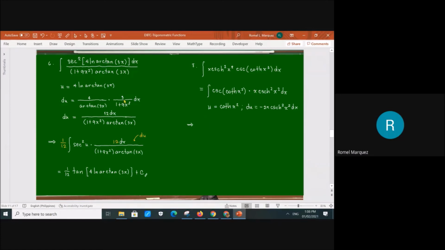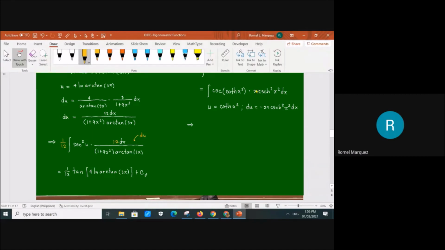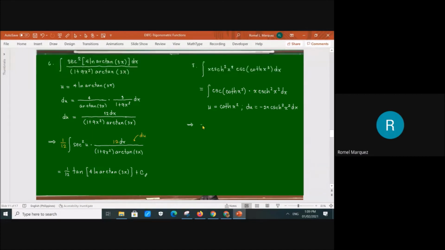So, I'm going to put here negative 2 balanced by negative 1/2, because I will be putting negative 2 as part of the du.